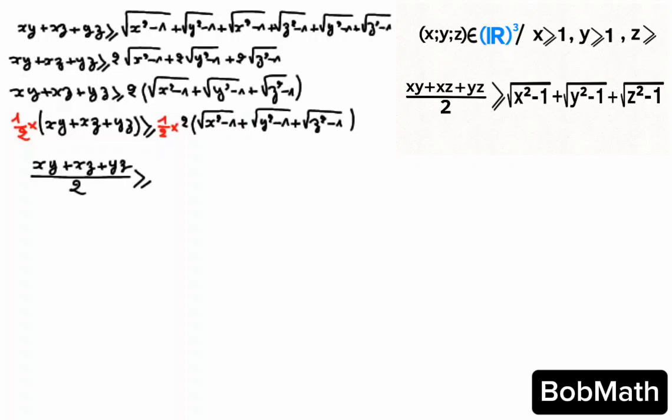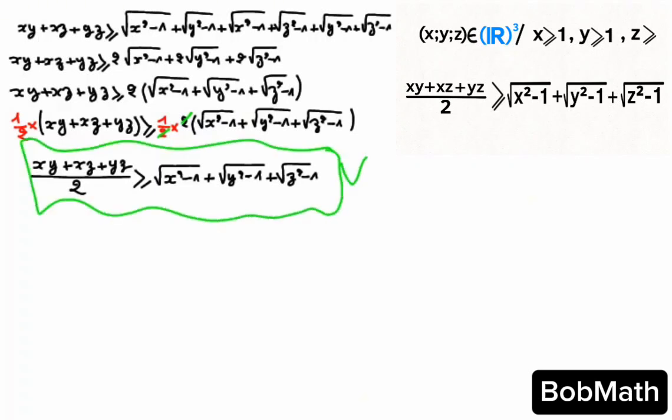Now we simplify the number 2, so we get the square root of x² minus 1 plus the square root of y² minus 1 plus the square root of z² minus 1. Therefore, this is the relationship required in this exercise.